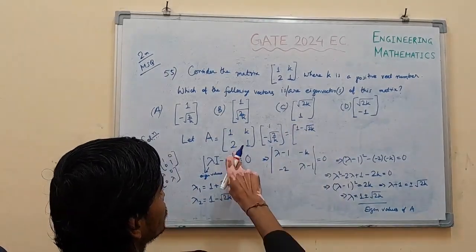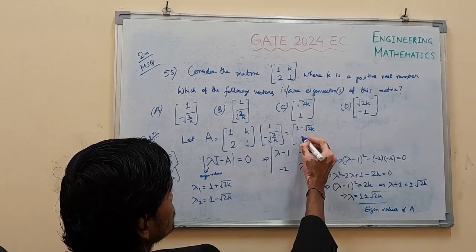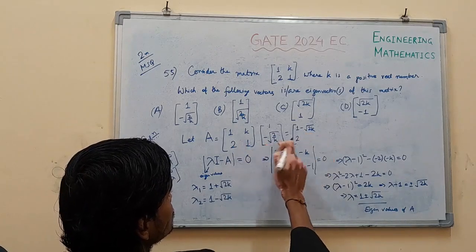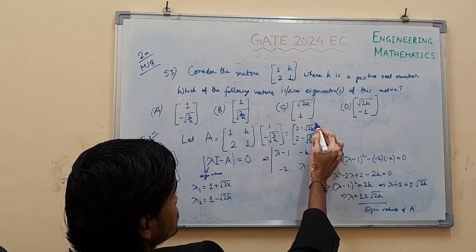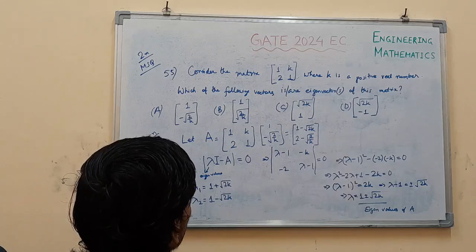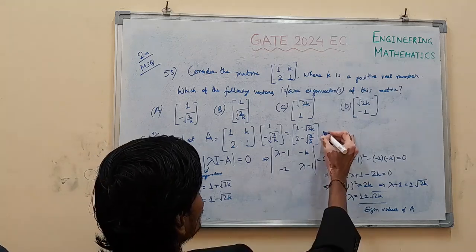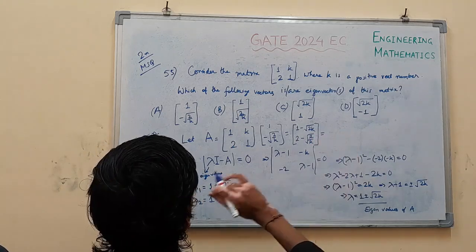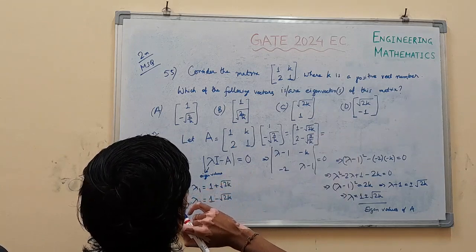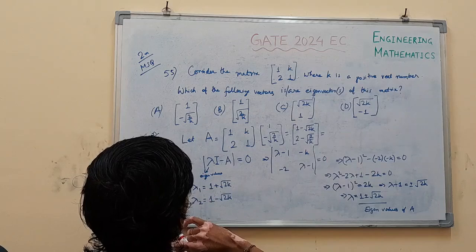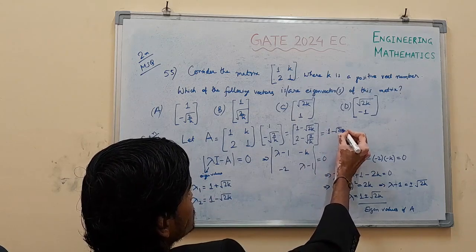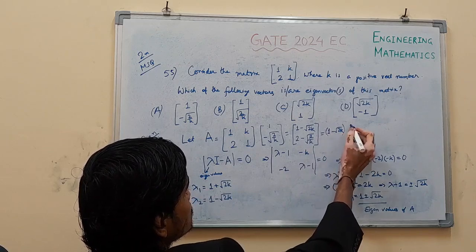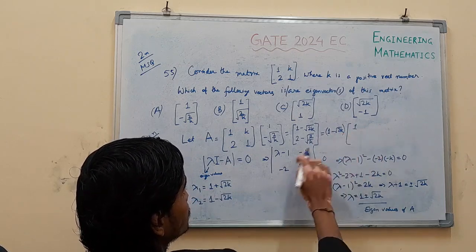Right? Here we have to get 2 minus root of 2 by k. Okay. If we take 1 minus root 2k common, what do we get? 1 here.